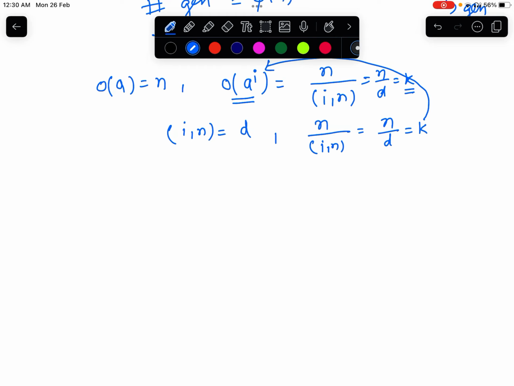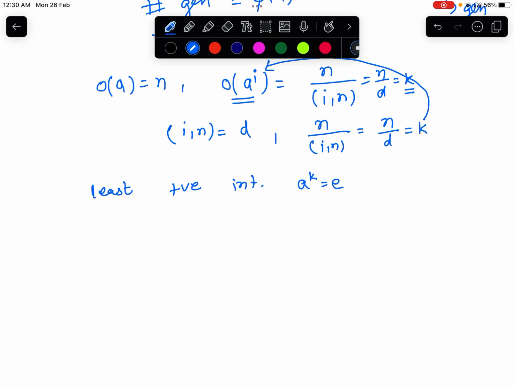When we prove something as an order, order is the least positive integer such that a to the power k is equal to identity.